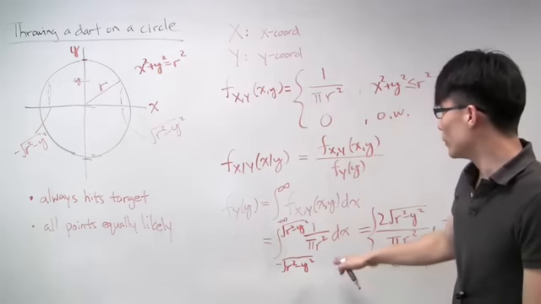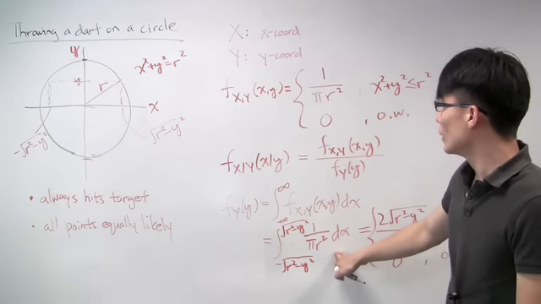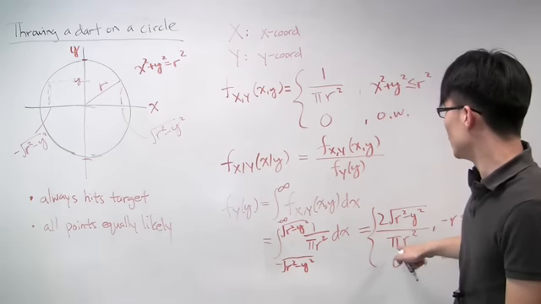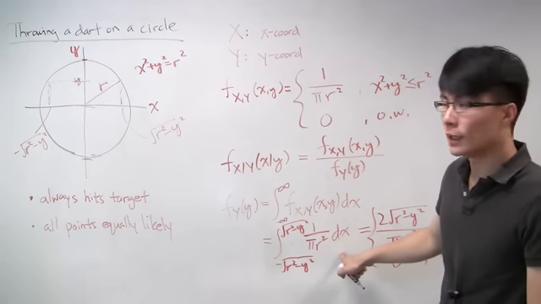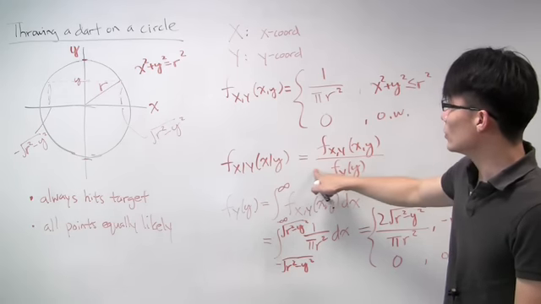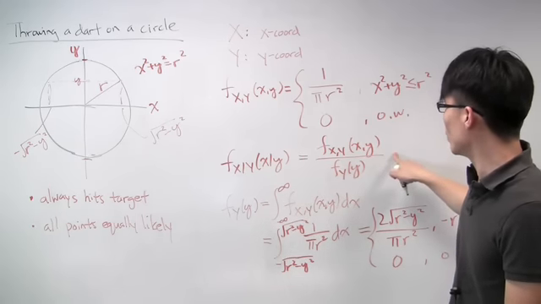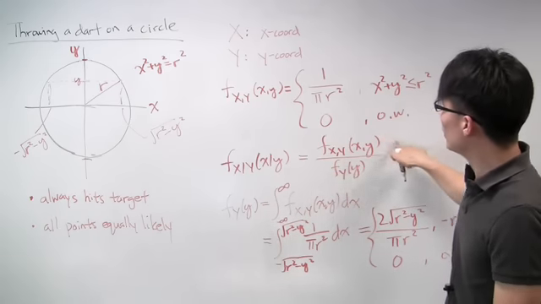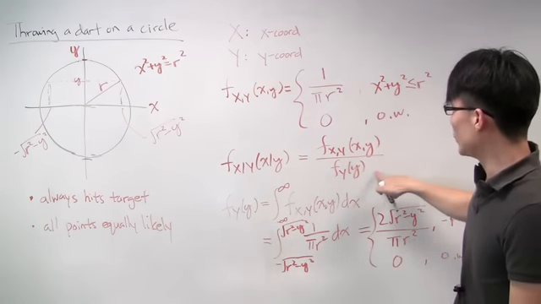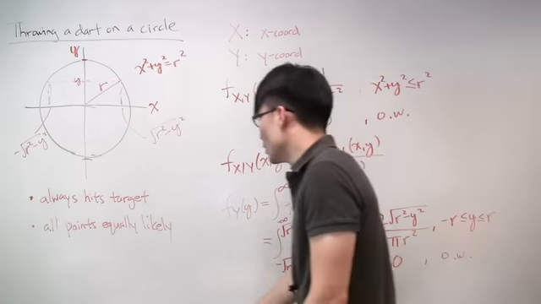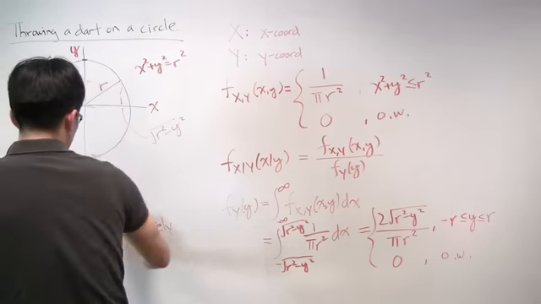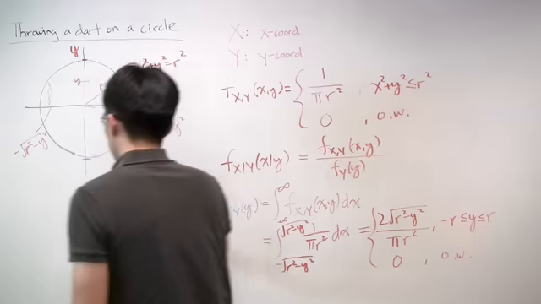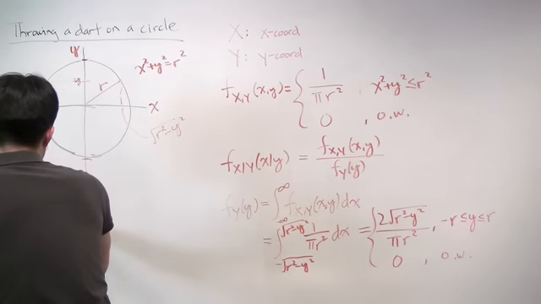Okay, so we found the marginal distribution of y, and now all that's left to do is to calculate out what this quotient is. So we have the joint distribution and we have the marginal, so let's just calculate out what the conditional distribution is.